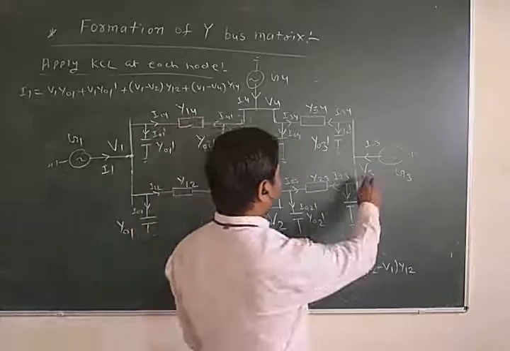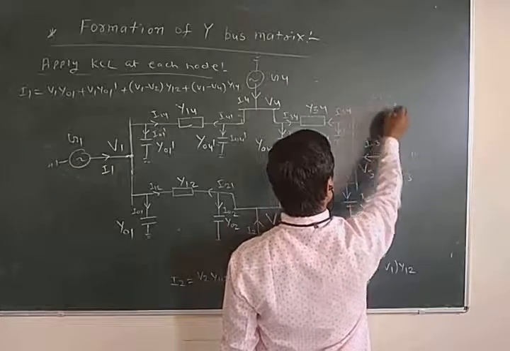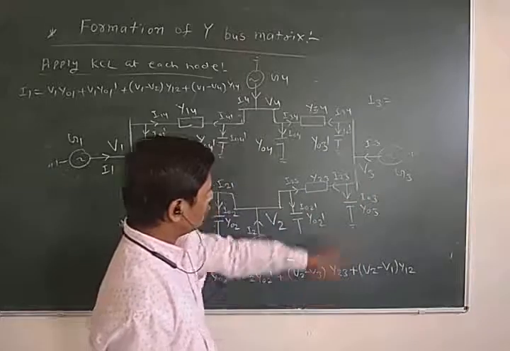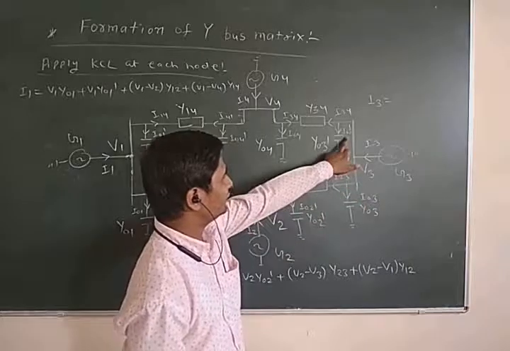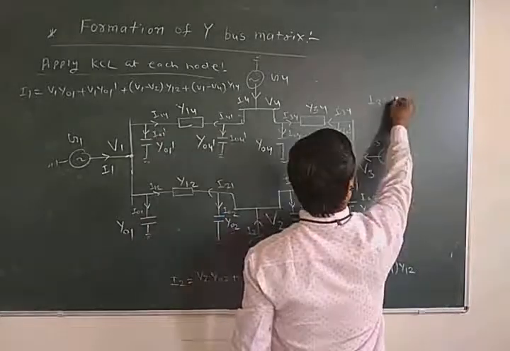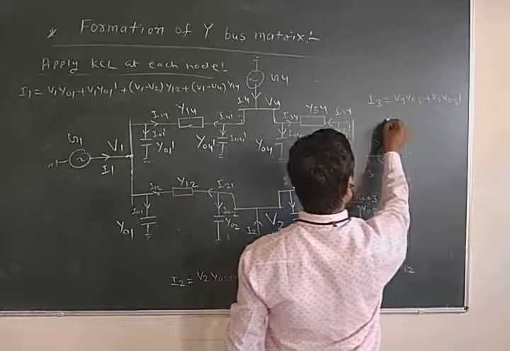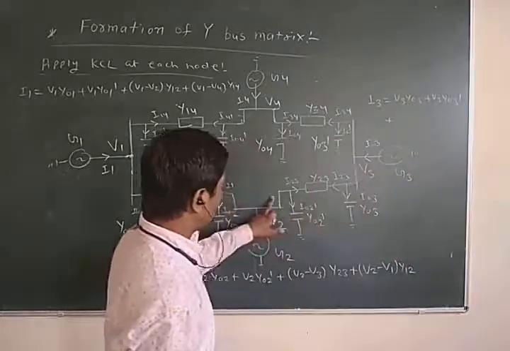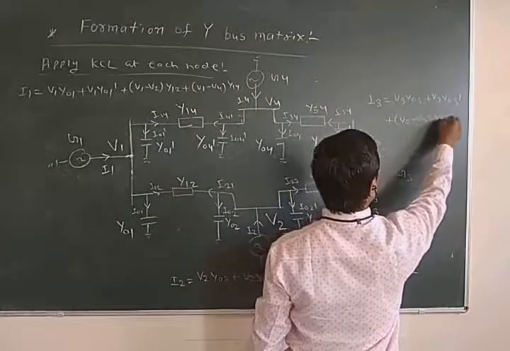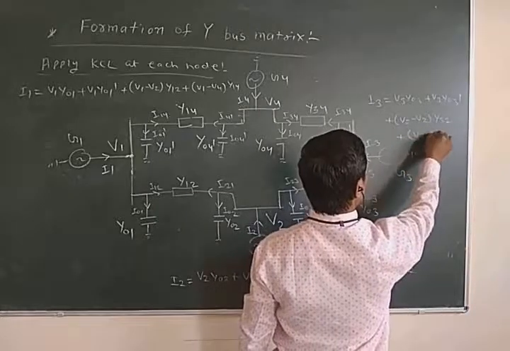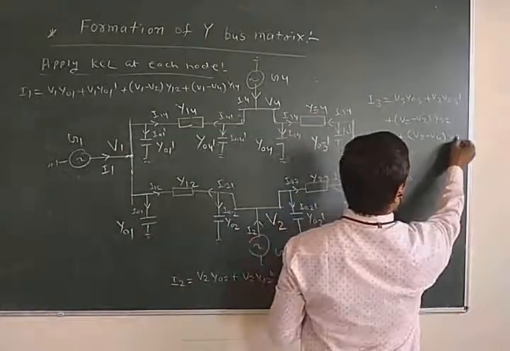Similarly at bus number 3, I3 is equal to, voltage is V3, so V3 Y03 plus V3 Y03 dash plus V3 minus V2 Y23 plus V3 minus V4 Y34.